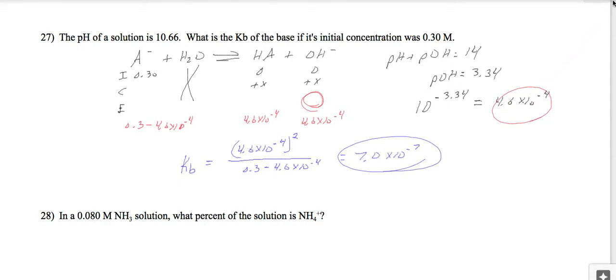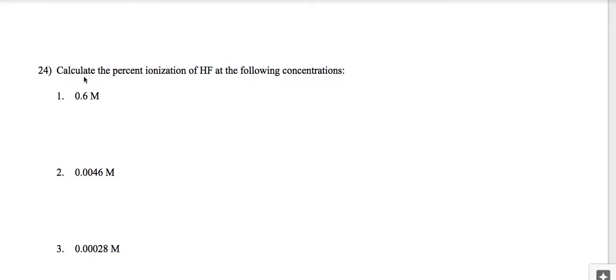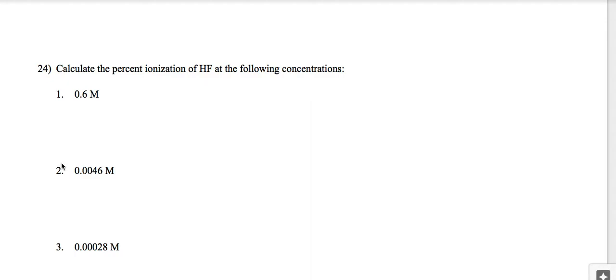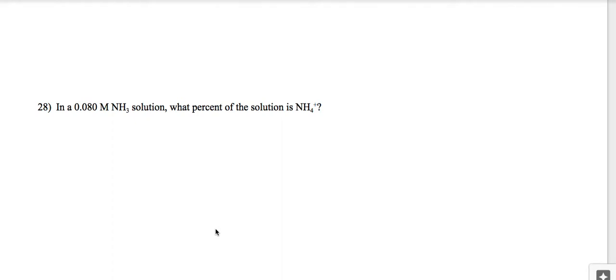Number 28 is going to be a percent ionization problem. So it's going to be exactly like these problems we did with the acids here, only it's asked a little bit different. It says percent ionization of this guy, in this case, it asks us for the percent of the solution of that.